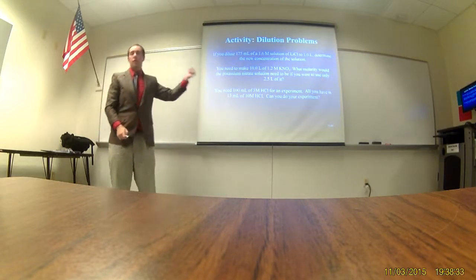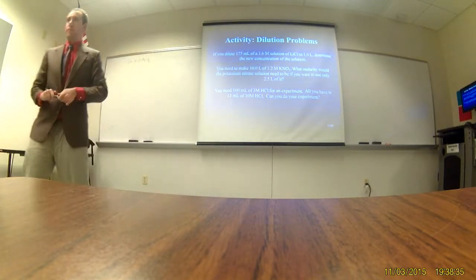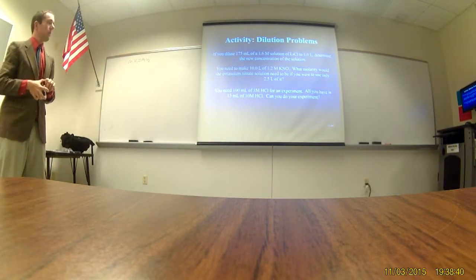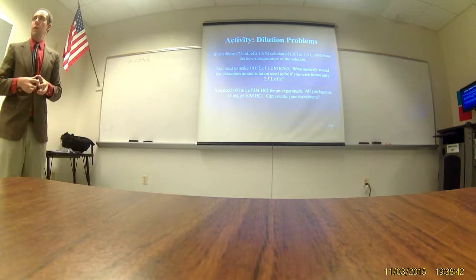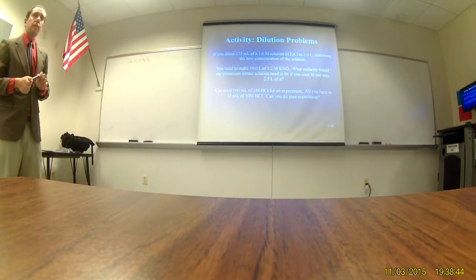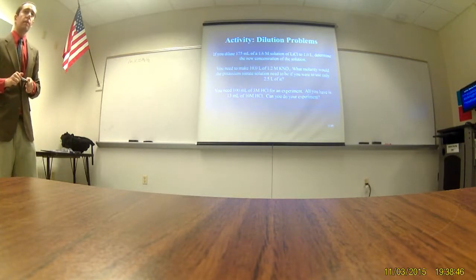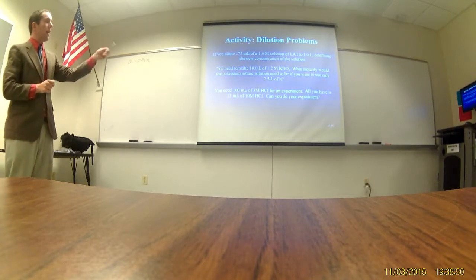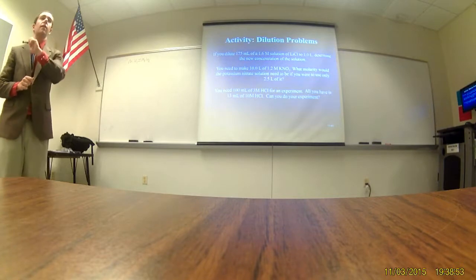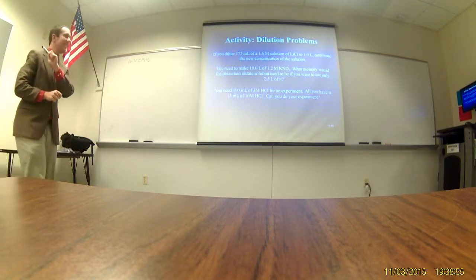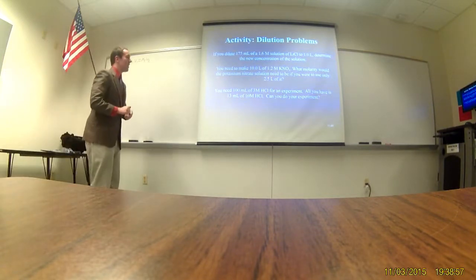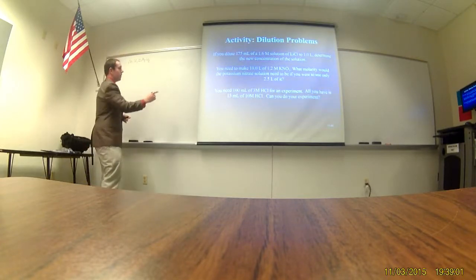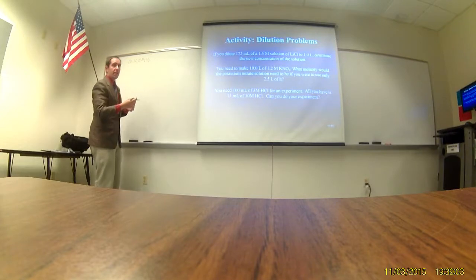Which variable are we going to have to solve for? Or should we just put the numbers where they're supposed to be and see if they're equal? You can do that, yes. So let's set them equal and see if they are.